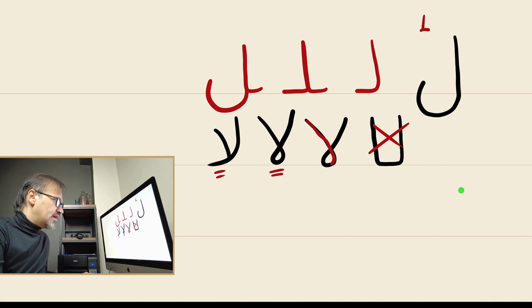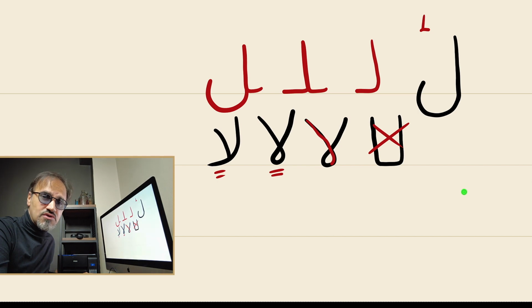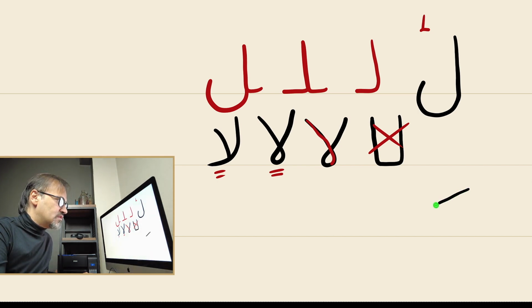Now let's take another word which combines the ke with the le. So we have kelb. Kelb means dog. This is the ke at the beginning. And then we have a le. And it's connected to a be.